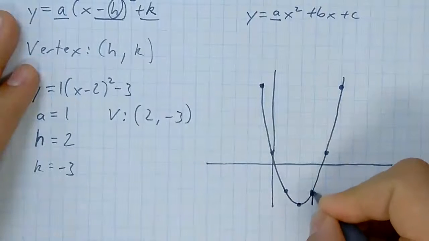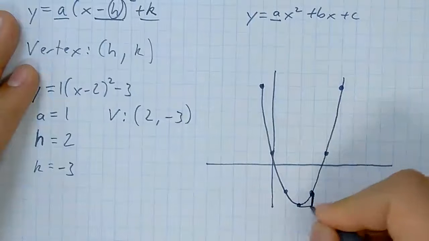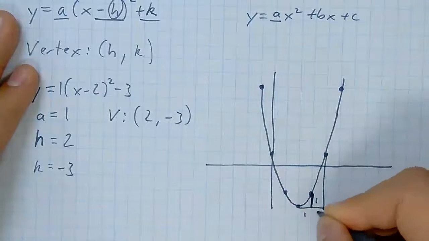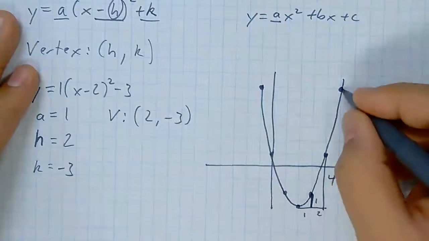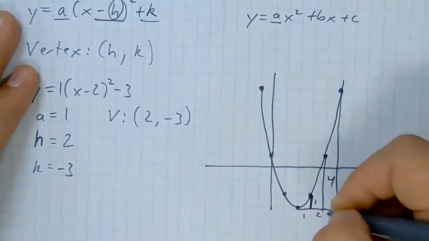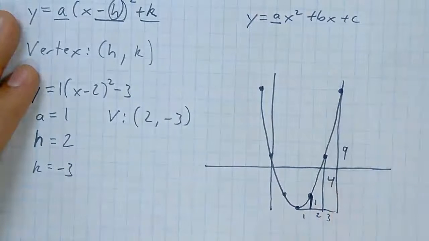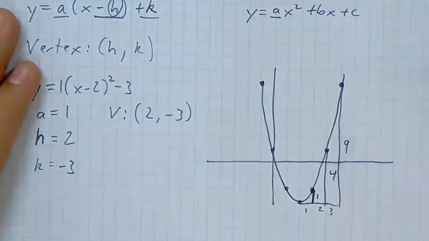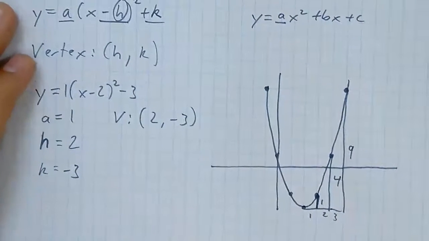For those still a little confused, the height of this, which is 1 away, is 1 tall. The height of this, which is 2 away, is 4 tall. The height of this, which is 3 away, is 9 tall. The next one would be 16, then the one after that would be 25.